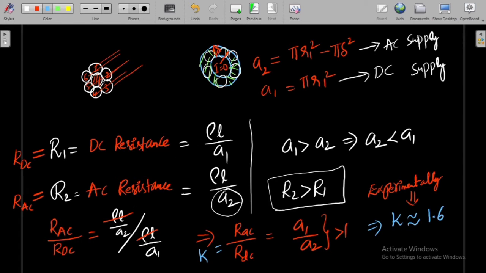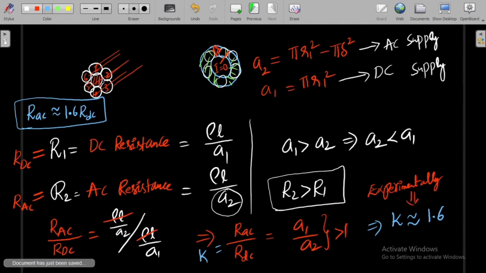So because of skin effect, RAC is almost equal to 1.6 times RDC. So when we are considering the resistance of a conductor when it is excited by AC supply, we should not take the total area, we should take the effective area, because there is skin effect.